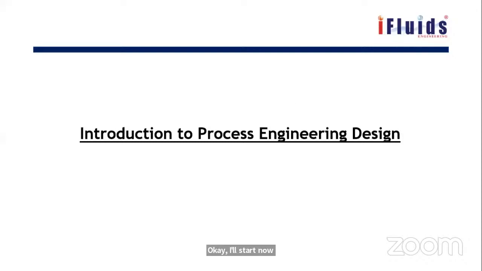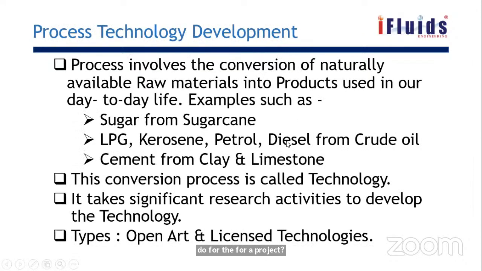So this session is for the overall brief of process engineering design, what the design engineering company does for a project. The chemical engineers who are working in a design company are called process engineers.